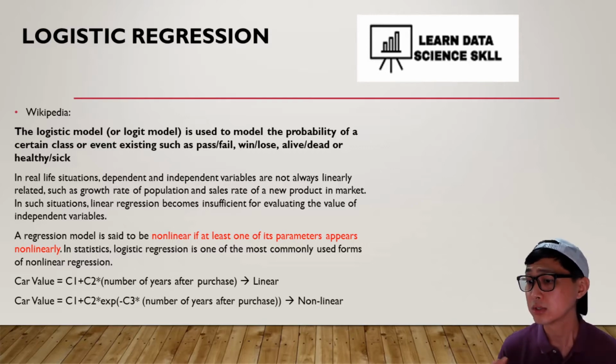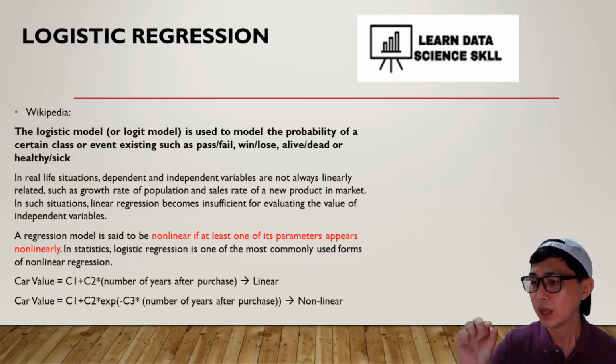In such a situation, we can't use linear regression, and therefore we may want to use logistic regression, which is a non-linear regression model. A regression model is said to be non-linear if at least one of its parameters or x appears to be non-linear.